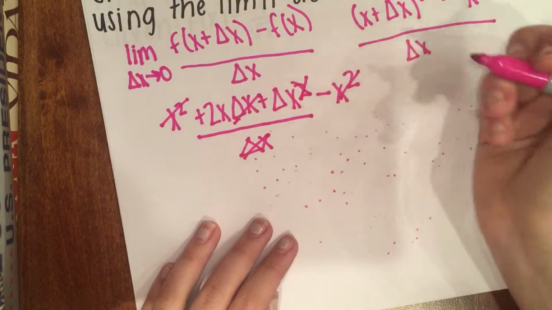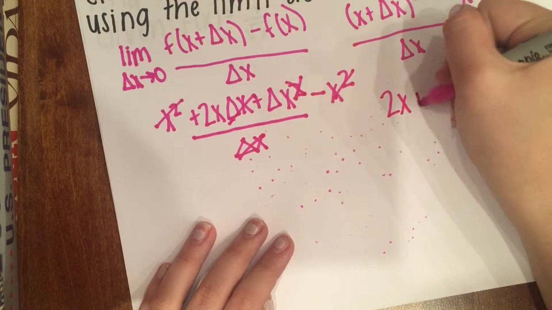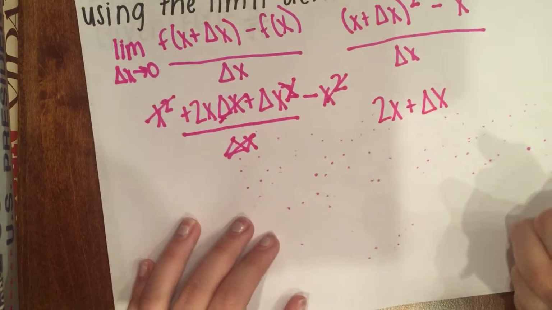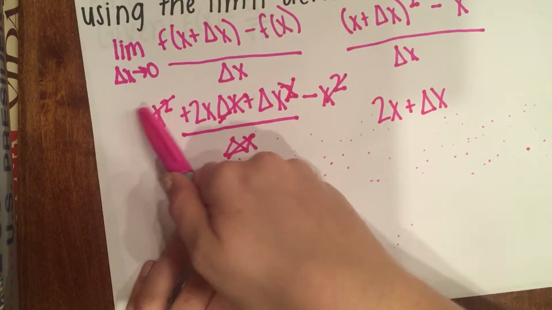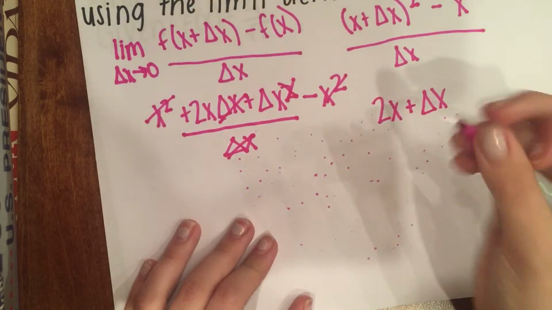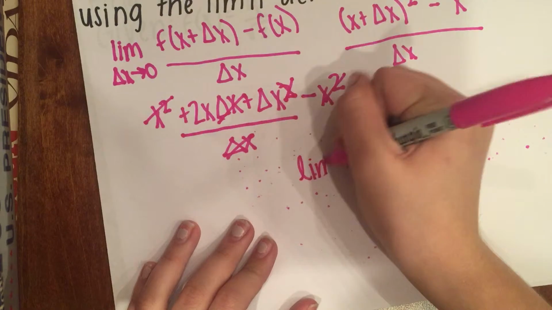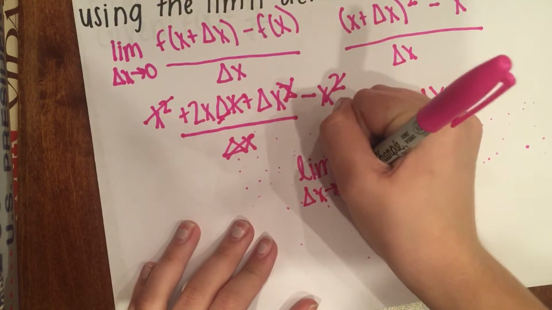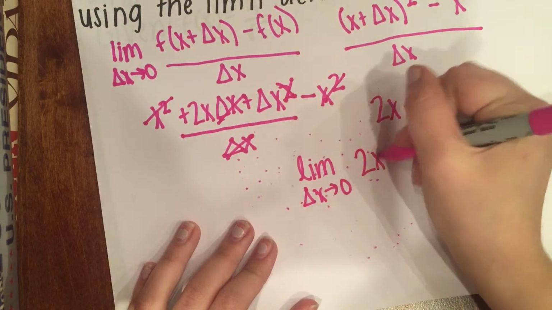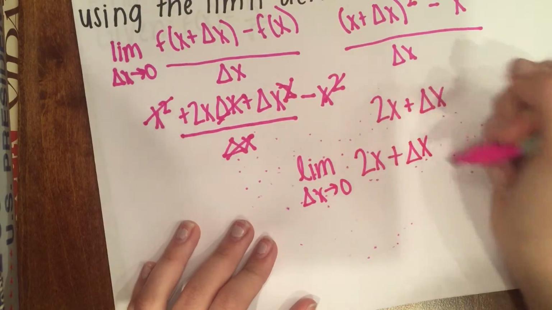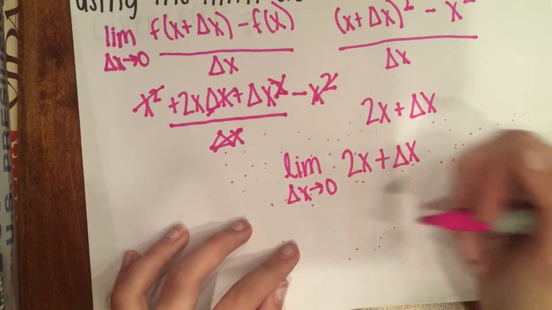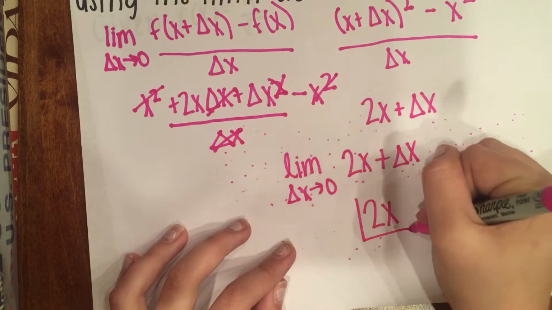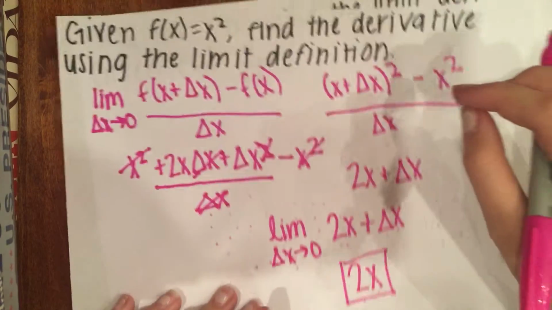So I end up with 2x plus delta x, but I'm not done yet because I haven't taken the limit as delta x approaches 0 yet, so I'm going to do that now. Limit as delta x approaches 0 of 2x plus delta x. I plug in 0 for delta x, and I end up with 2x, which is the derivative of x squared.